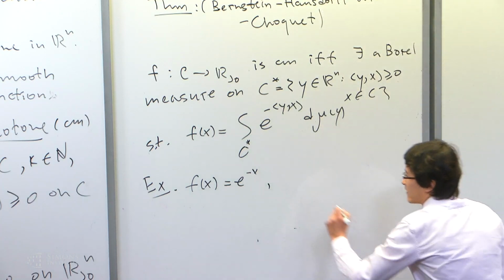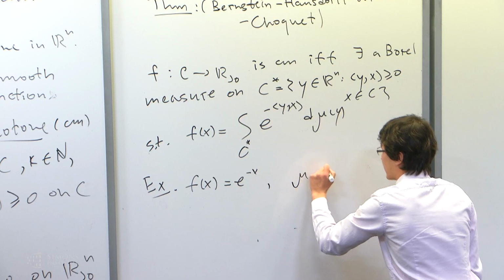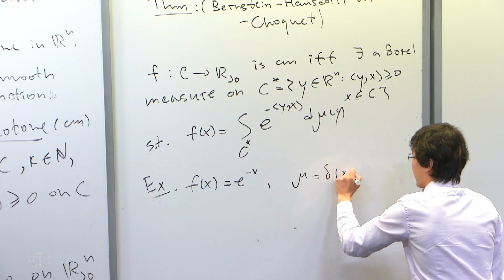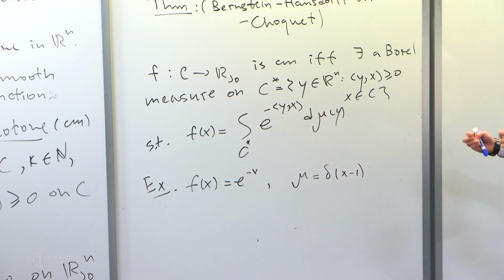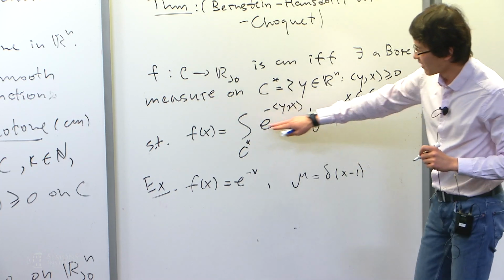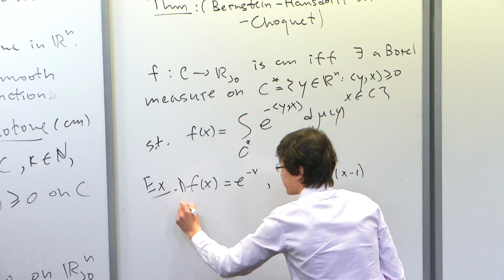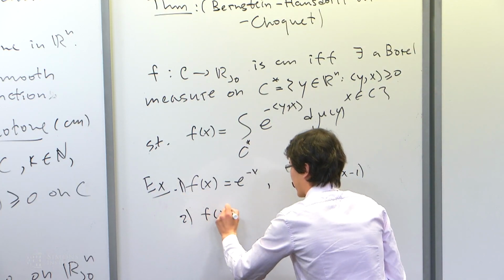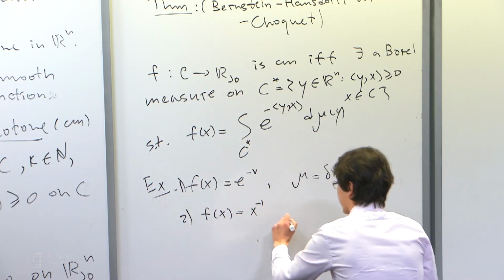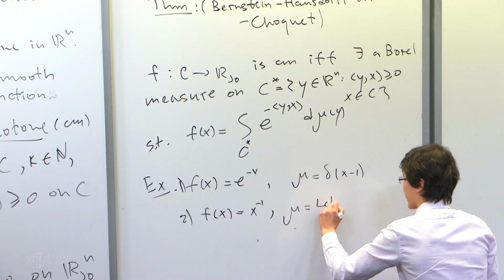The measure here is just a Dirac measure supported at the point 1, a shifted Dirac measure. When you plug in this measure here, you'll get exactly e to the power minus x. And for the other function, f of x equal to the reciprocal of x, this measure mu is just the Lebesgue measure on the positive orthant.